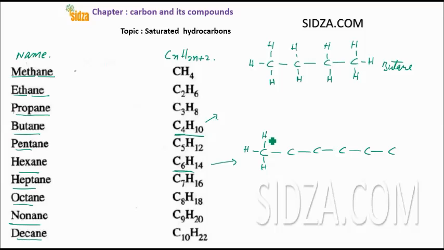On this side also, this particular carbon has one valency complete, so it needs 3 more hydrogen atoms. I'm going to add 3 more hydrogen atoms over here. The rest of the carbon atoms, you can see, have 2 valencies complete, so they need 2 more hydrogen atoms each. So here 2 more hydrogen atoms, here also 2 more, here also 2 more. So this is the structure of hexane.